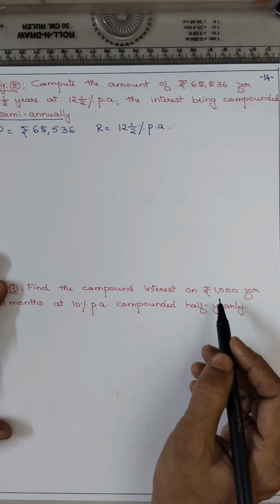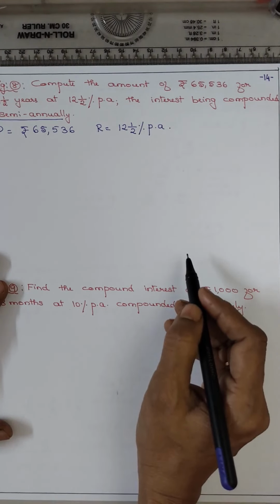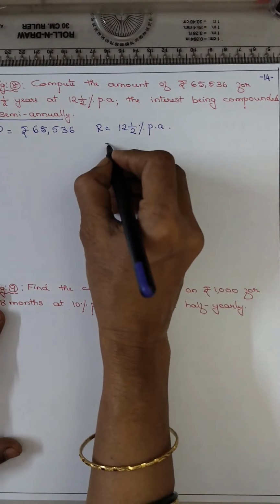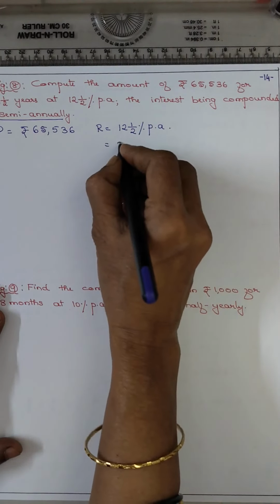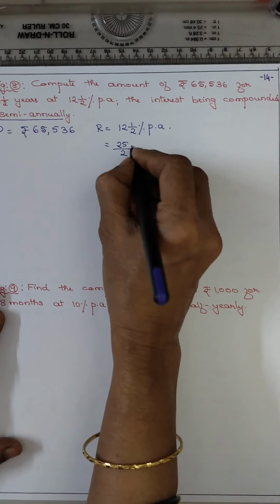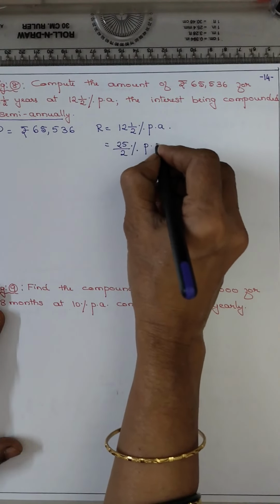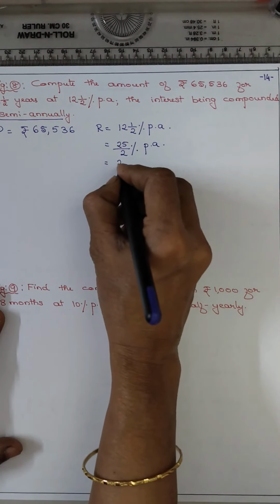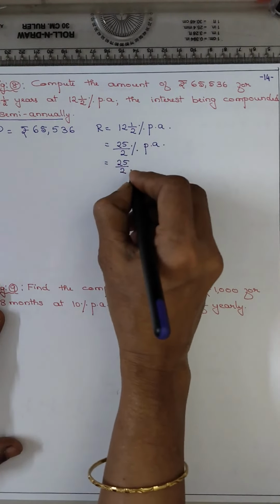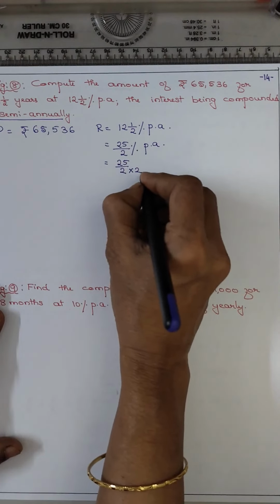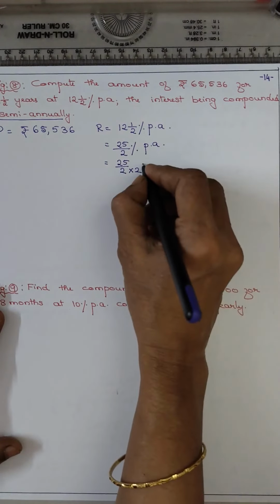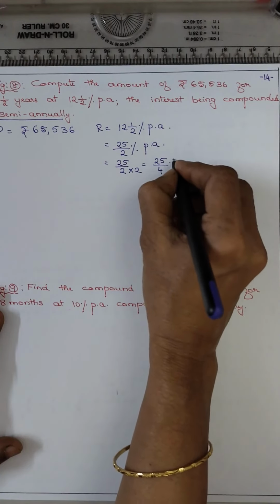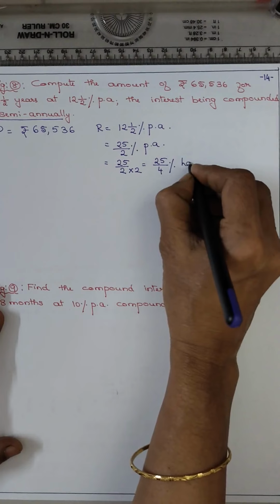So for half year, what we have to do? It is divide by 2, isn't it? First convert, it becomes 25 by 2% per annum. Now half yearly, 25 by 2 divide by 2 means it will be in the denominator, multiply by 2. So that means 25 by 4% half yearly.